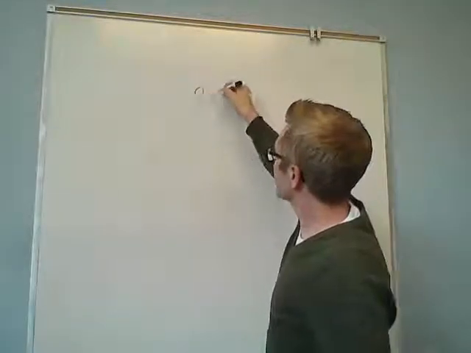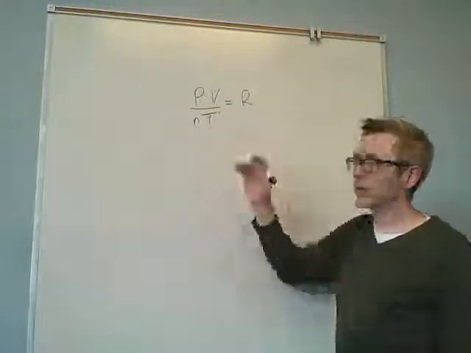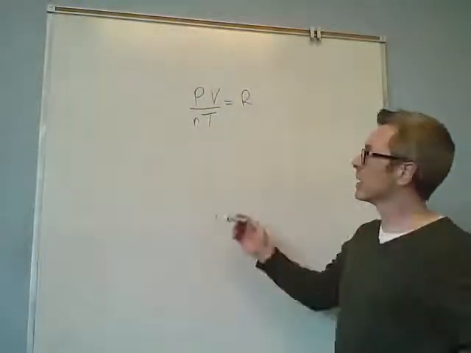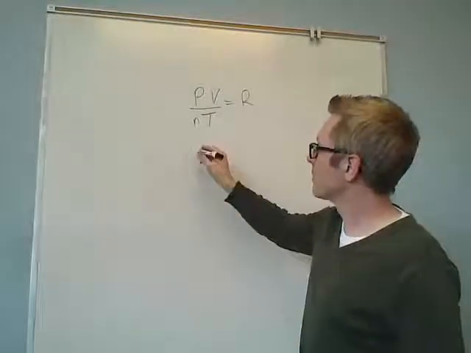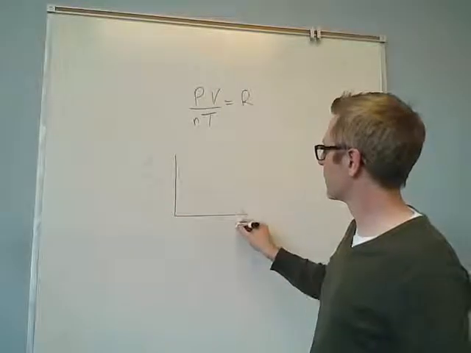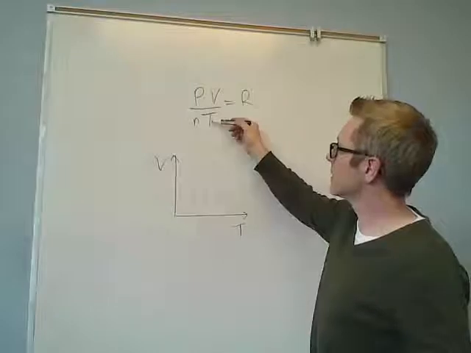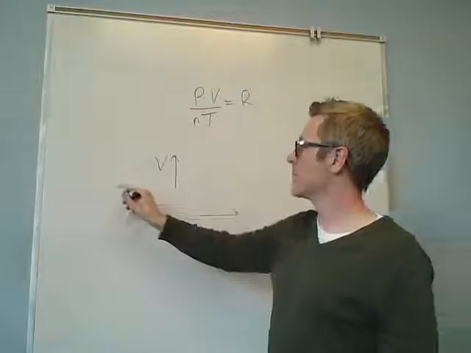Go back again to our PV over nT equals R. We've already looked at P and V. Let's look at V and T. If I'm looking at V and T, I'll need to fix P and n.